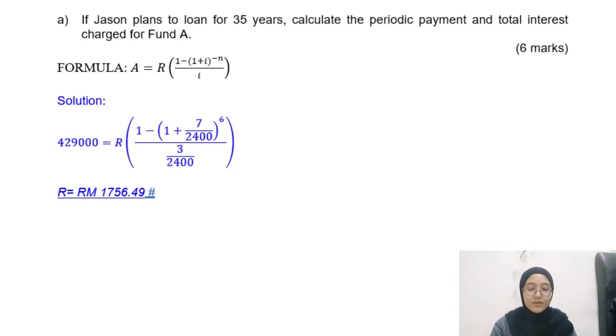The cost of the house was 450,000 ringgit, and he has the down payment, which is 25,000 ringgit.